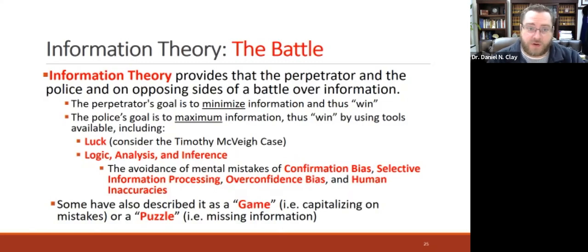So the perpetrator's goal is to minimize information, right? And if the perpetrator minimizes enough information, they win. They don't get caught. The police, their goal is to maximize the information. And thus they win by catching the perpetrator, right?